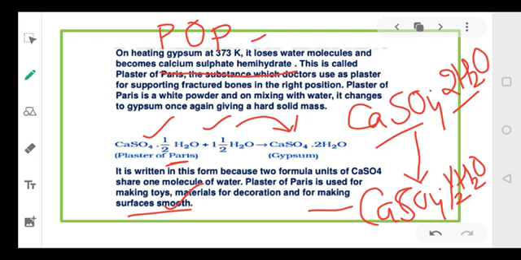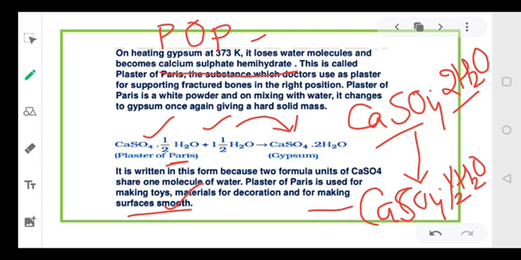And the most important, POP is used in hospitals for plastering. If somebody has a broken bone or a displaced ligament, they plaster it, so that plaster is made of plaster of Paris. I hope everybody has understood. And if there is any query, you will talk to me.